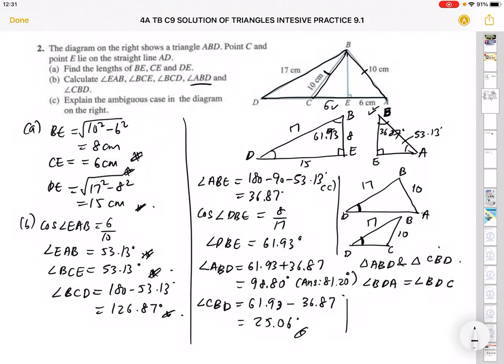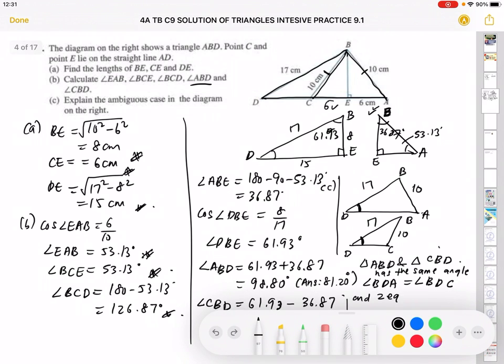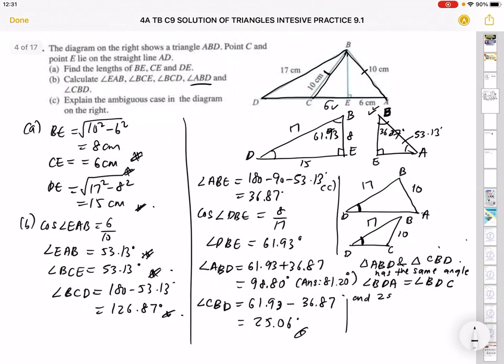Maybe I add in here, has the same angle, and two sides with equal length. That sounds better. Two sides with equal length.